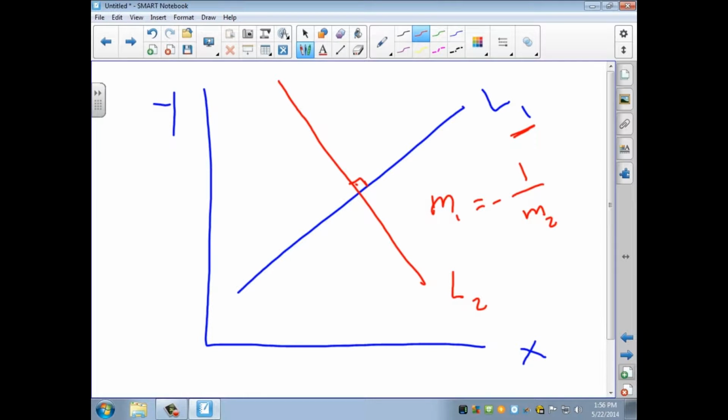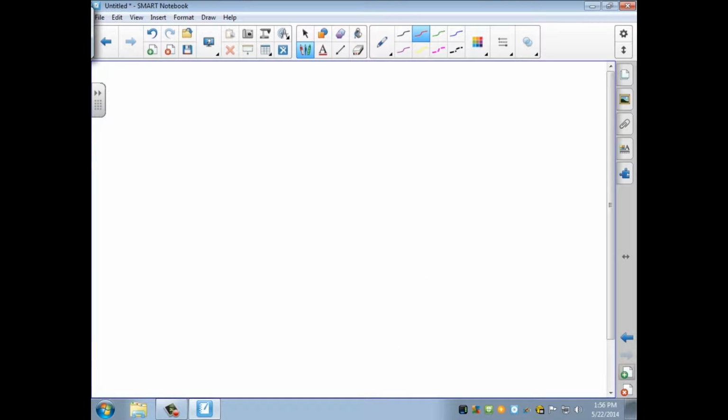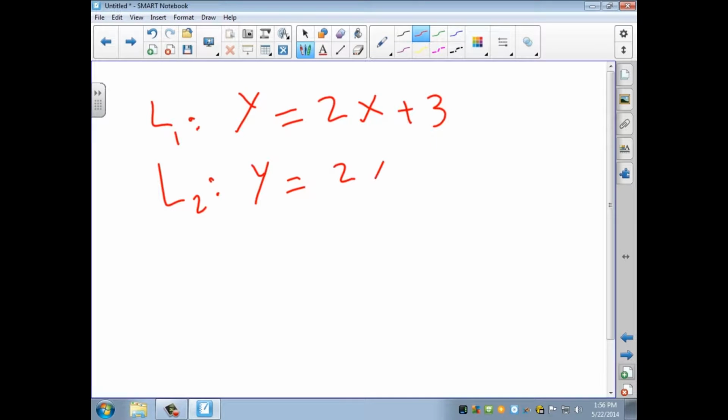Let me just demonstrate this. If you have a line, for example, y equal 2x plus 3, this is line number 1, and you have line number 2, which is y equal 2x plus 10.